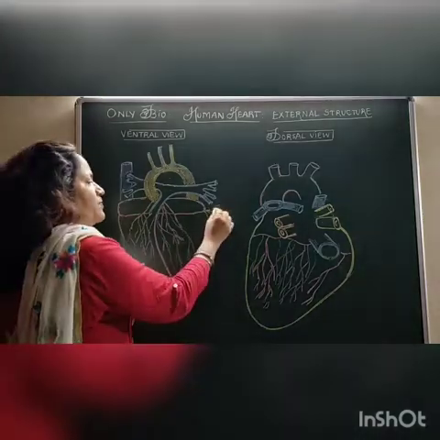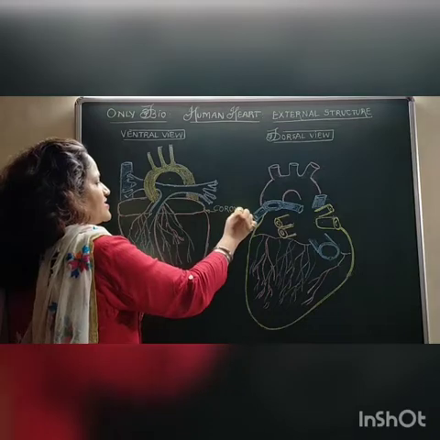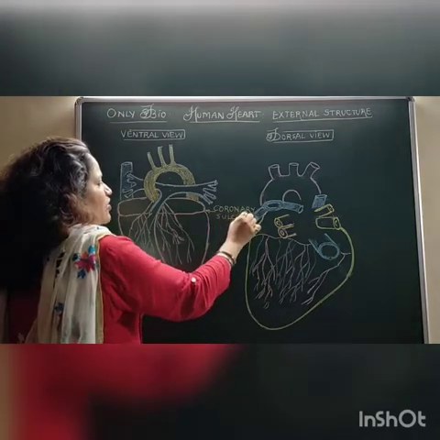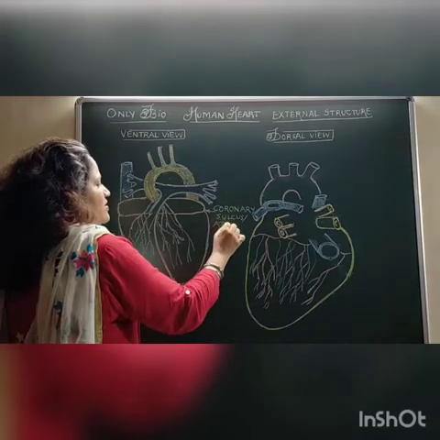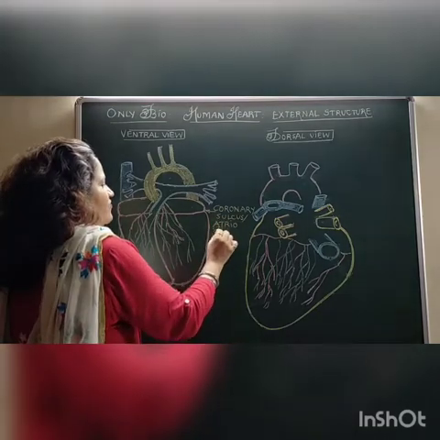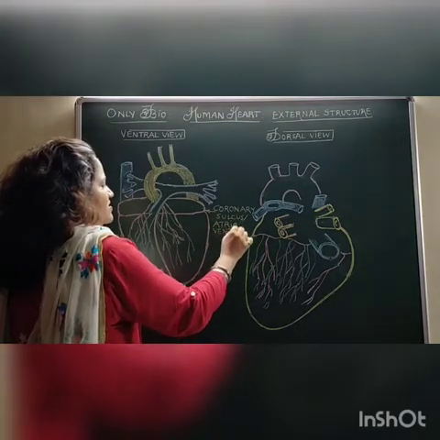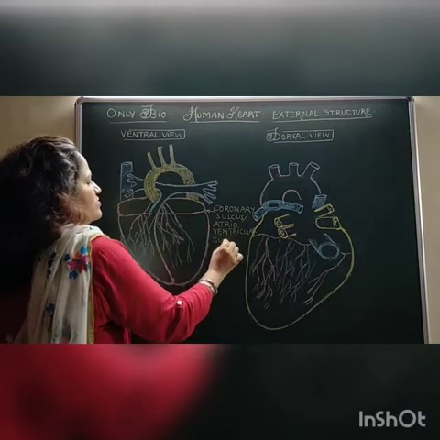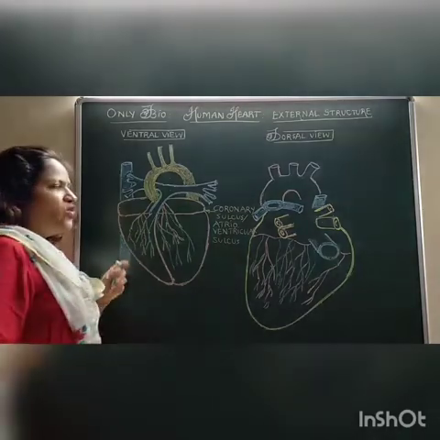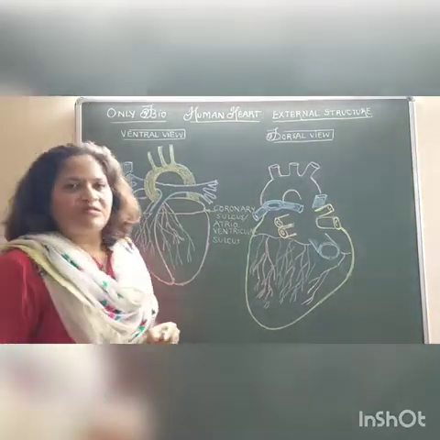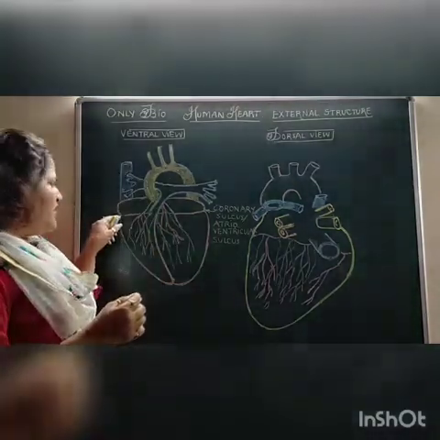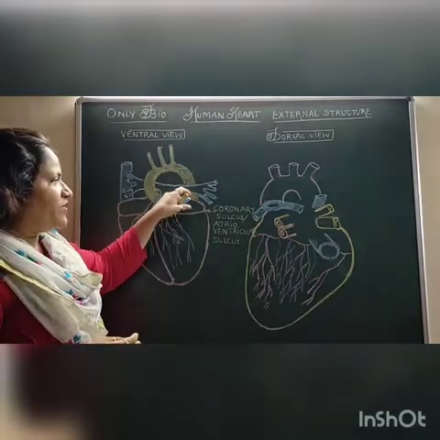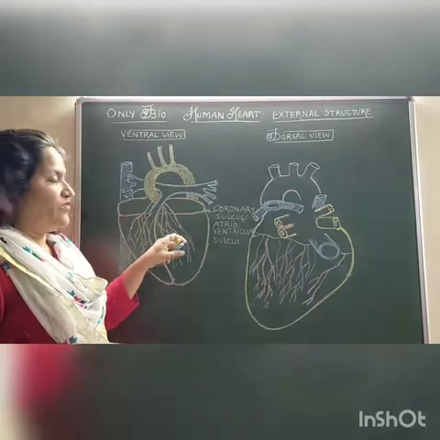This small depression is called the coronary sulcus, or atrioventricular sulcus, or auriculoventricular sulcus. It is a small depressed area that marks the demarcation between the auricles and the ventricles.